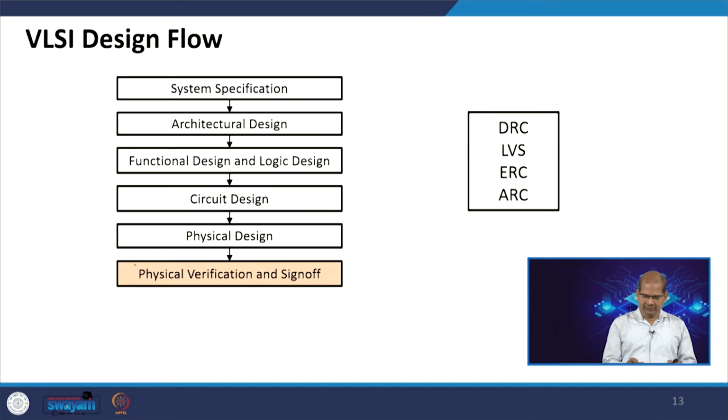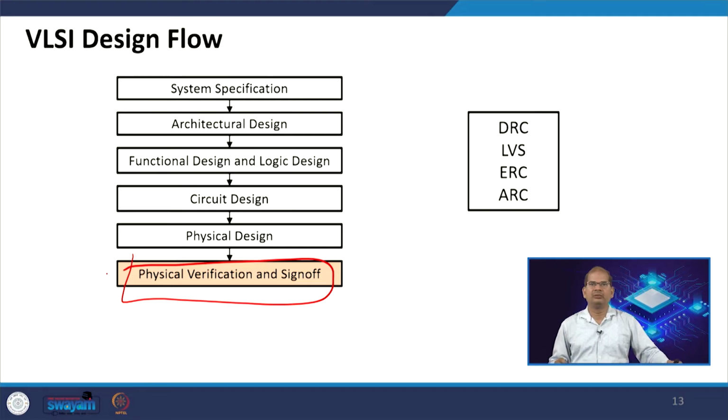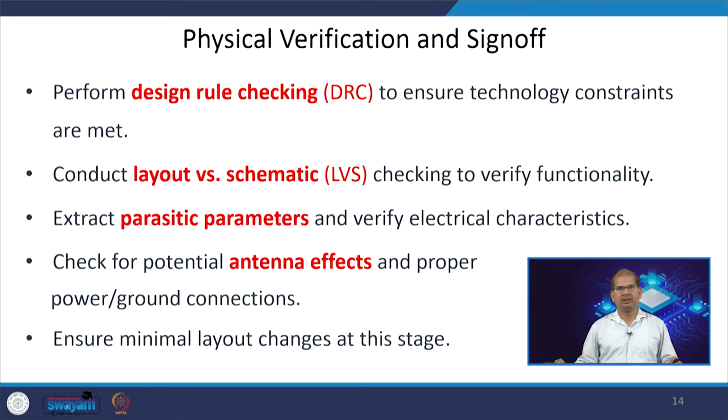Then finally, we need to do the physical verification and sign off. The physical verification includes design rule check, layout versus schematic, electrical rule check, antenna rule check, all these things we need to do. Then we also need to do the timing sign off to check whether our timings are met or not. So, you have DRC which will satisfy the technology constraints, you have LVS to verify that our functionality is working, that our layout is matching the schematic functionally.